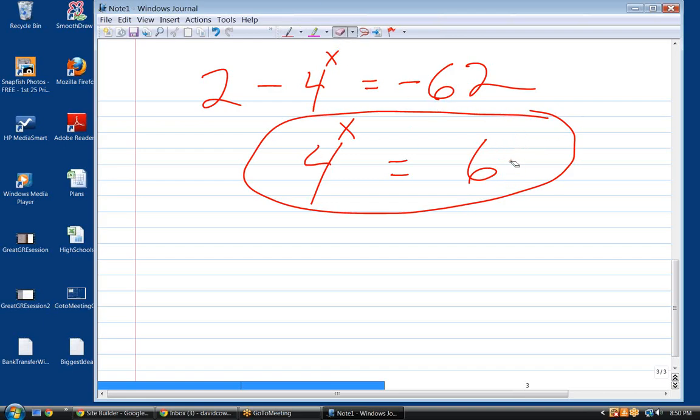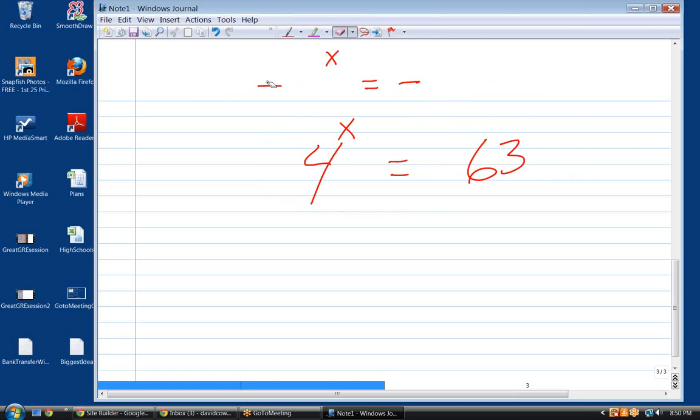Let me change the problem one tiny bit, and now we need logs to solve it. How do I solve this equation? You put the, is it natural log? I always use natural log.